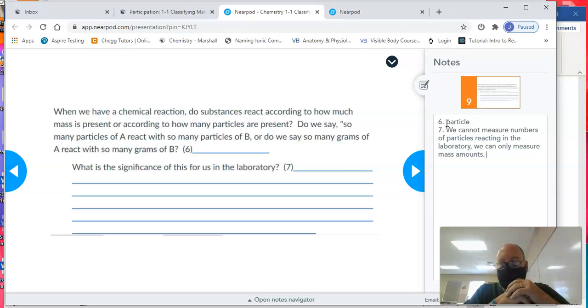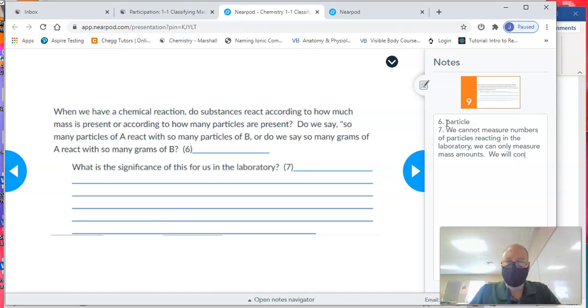So what we're going to end up doing is constantly converting from numbers of particles in our chemical equations to numbers of grams. We can't measure numbers of particles reacting in the laboratory. We can only measure mass amounts.